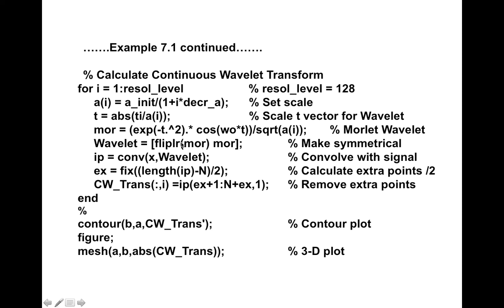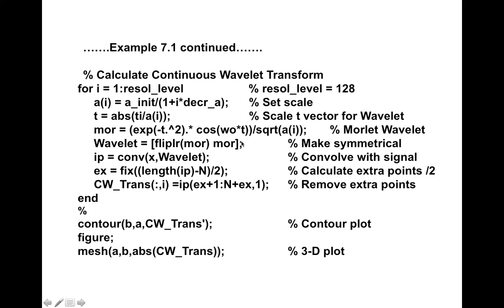We then convolve the flipped wavelet with our signal, and we then look at how much we actually have in the signal. We look at the length and basically remove any extra points. Now, why would you have extra points?